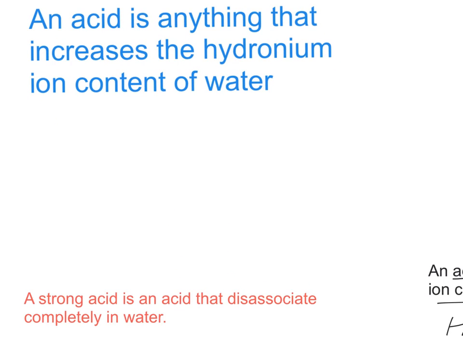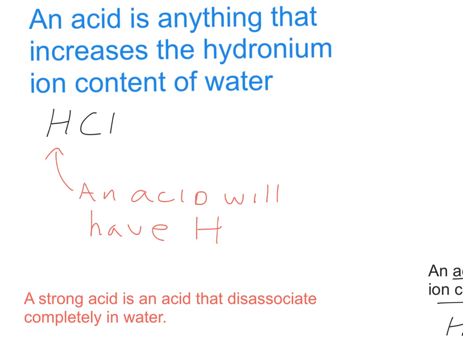All right, so you have an acid, hydrochloric acid. First thing I should point out to you is, how do you know you have an acid? An acid will have hydrogen as the first element.